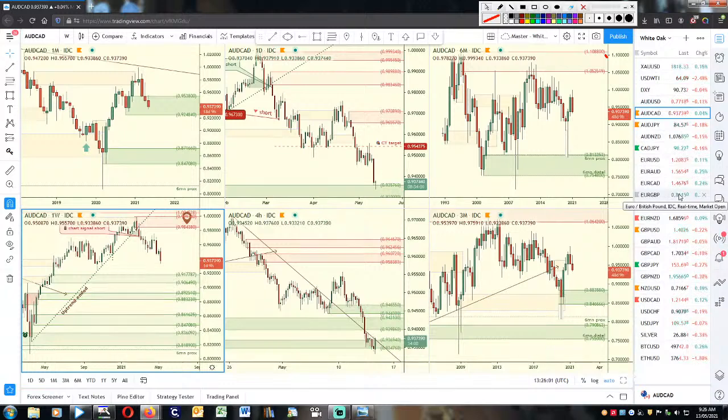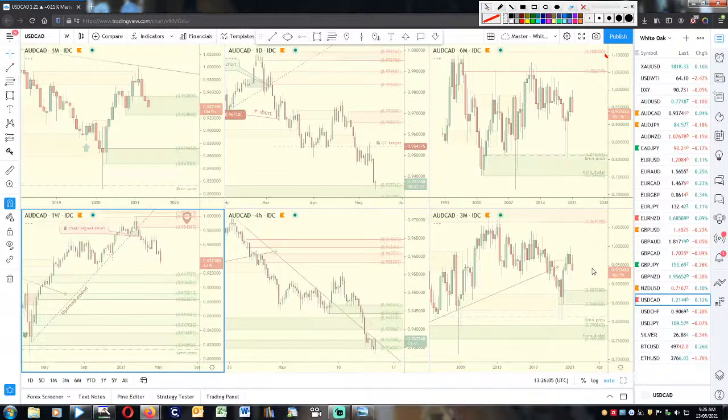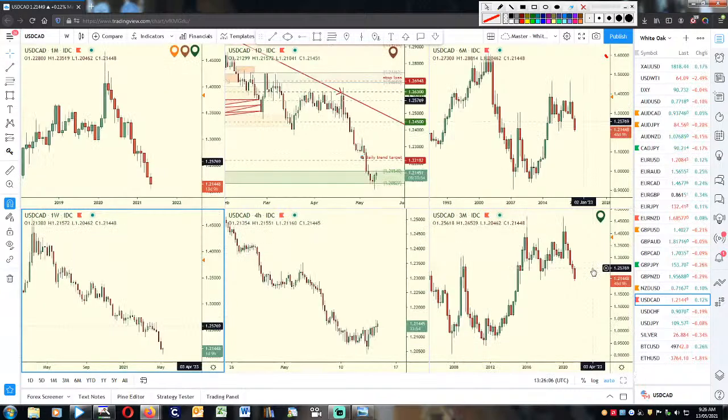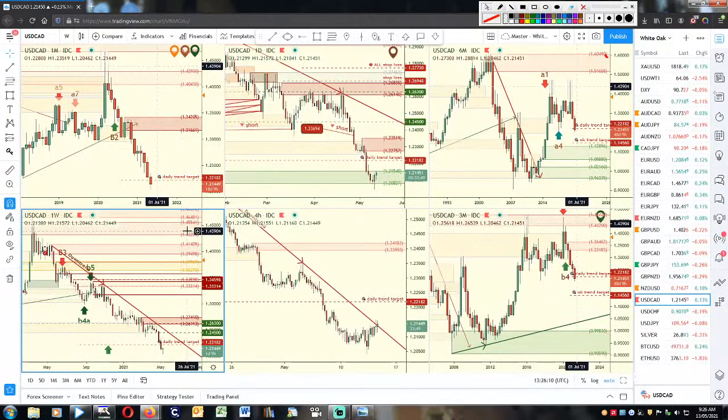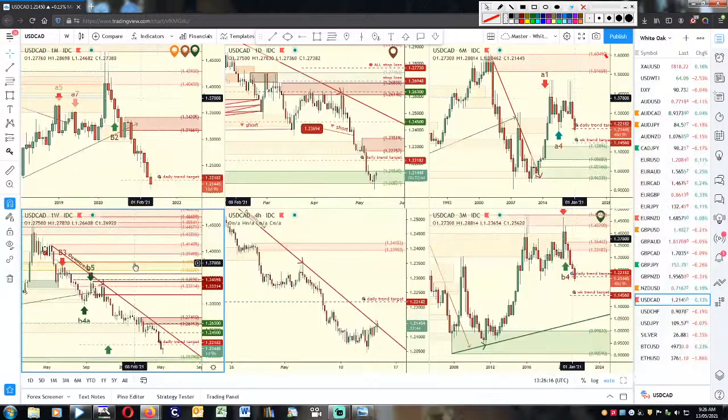Not ideal, but remember, the USD CAD is the one chart that is free flowing. This one's free flowing to the downside. It's got nothing to stop price from dropping. Yes, we can get short-term rallies to the upside, but longer term we can definitely get this to drop.